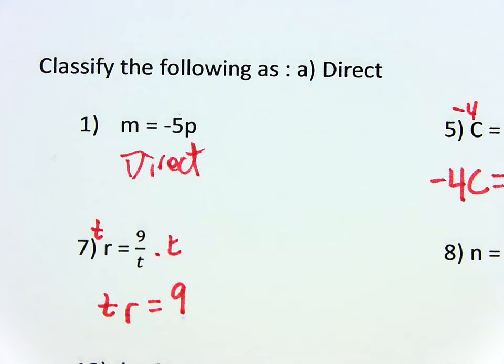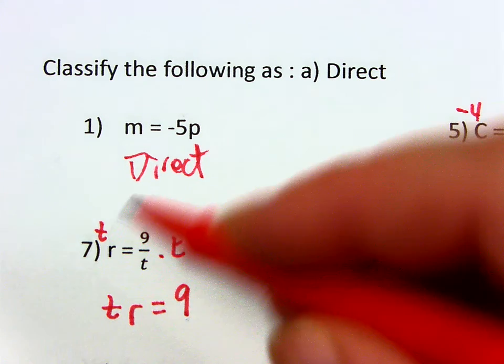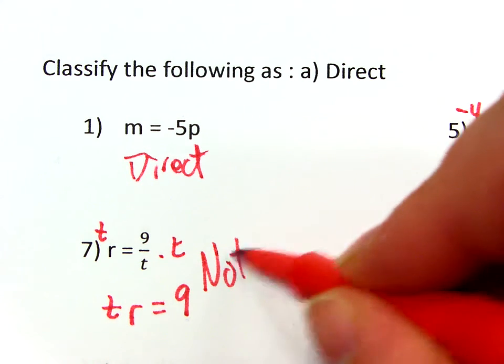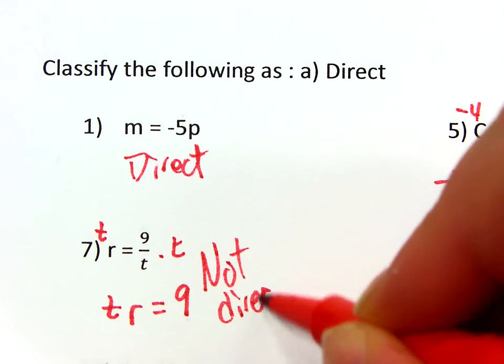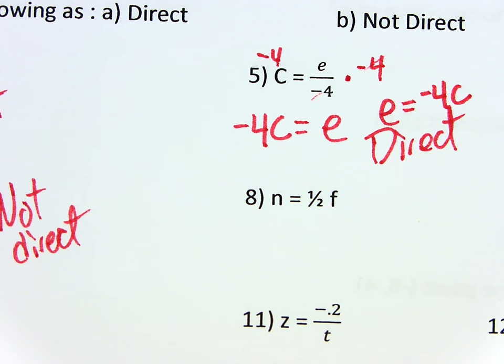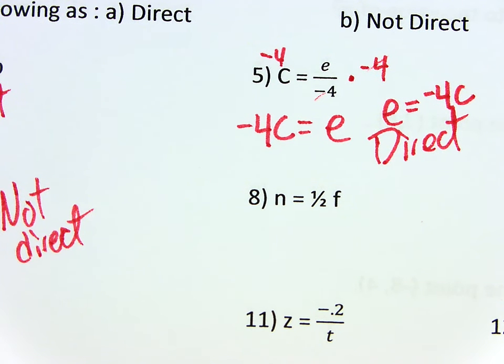Now, what do I think? It's exactly like 6, right? Aren't they almost the same thing? Two variables together equals a number. That's not going to work out. This is not direct.